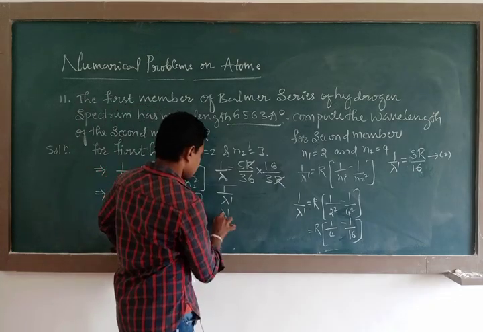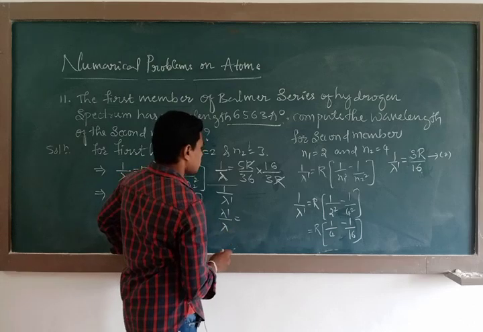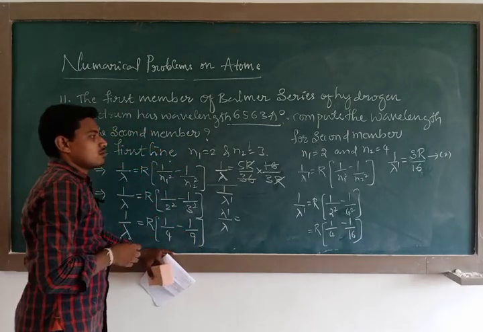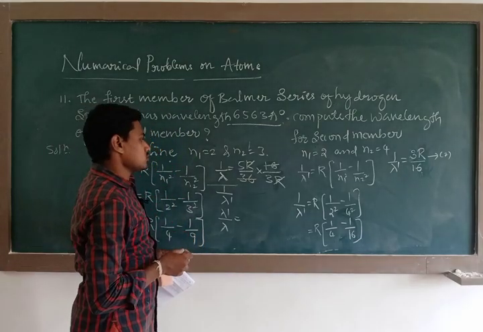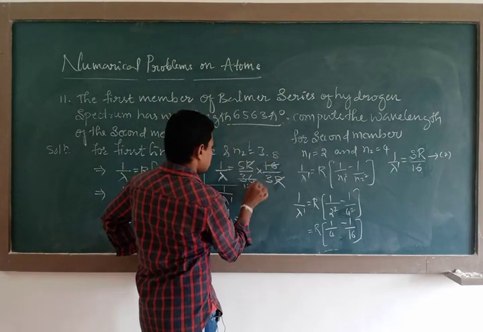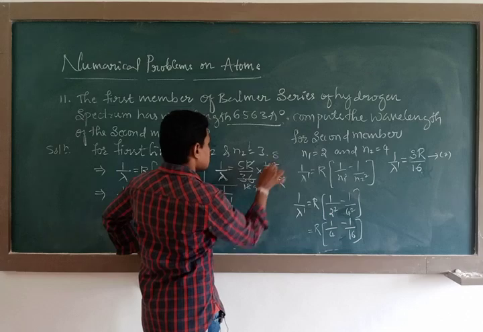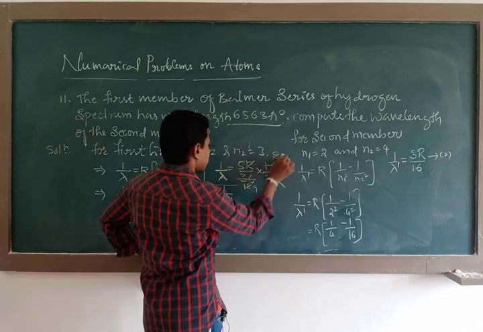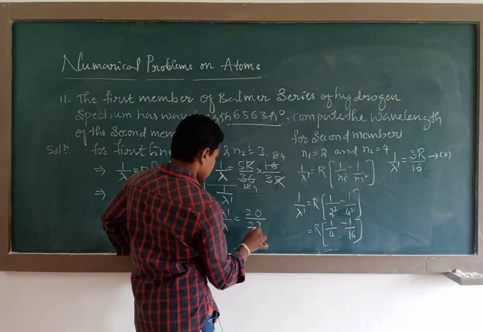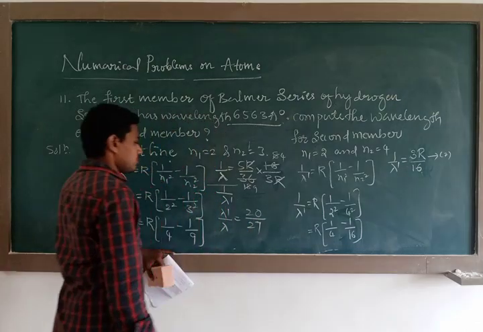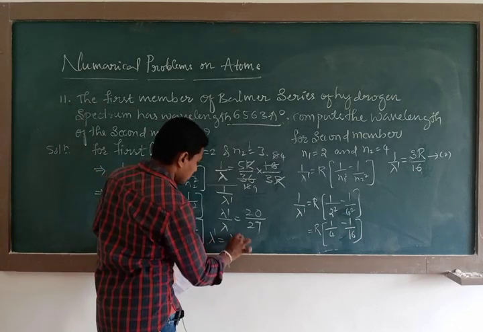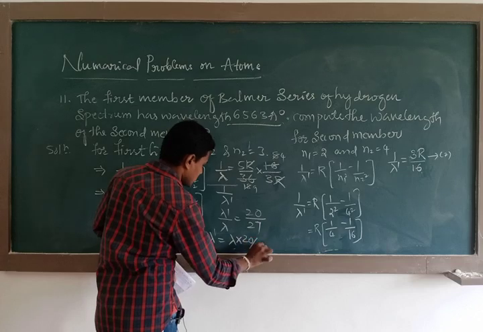This becomes lambda dash by lambda is equal to 16 ones are 16, 2 8s are 16, 9 3s are 27, 5 4s are 20 divided by 27. Therefore lambda dash is equal to lambda into 20 by 27.